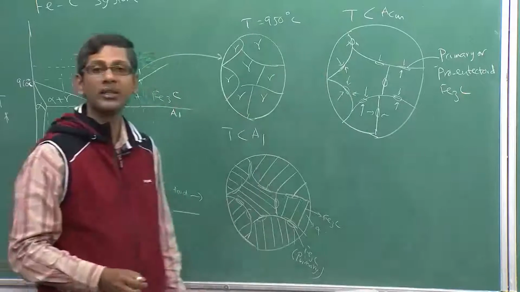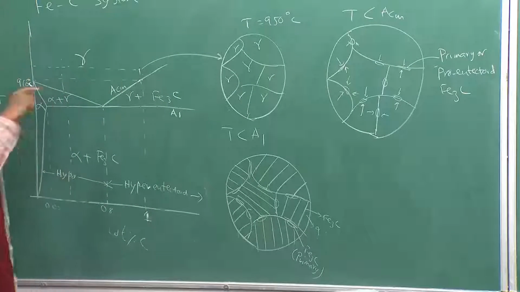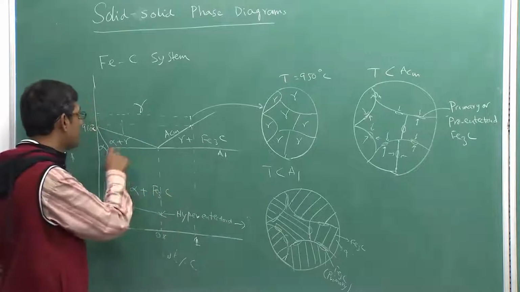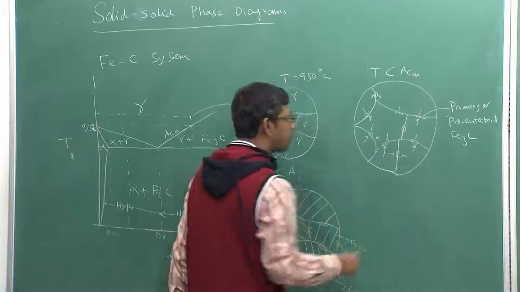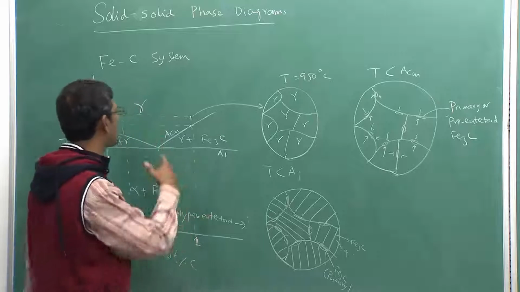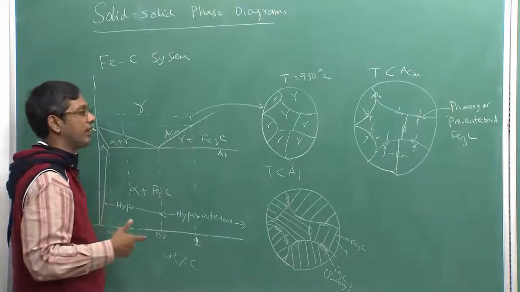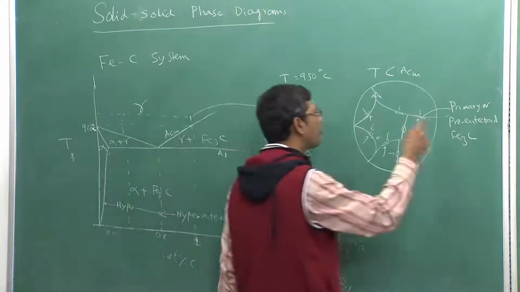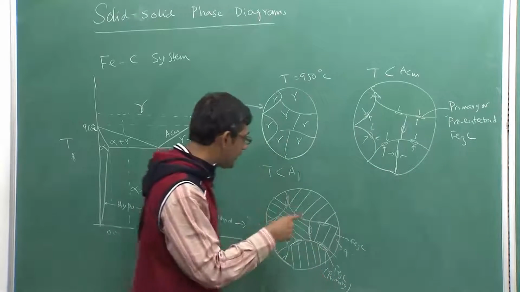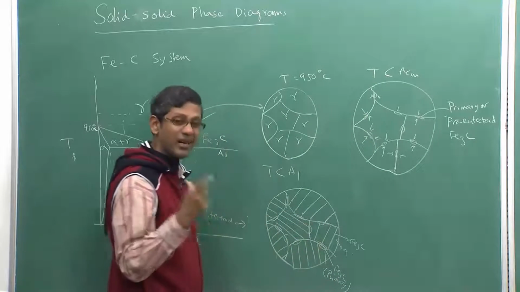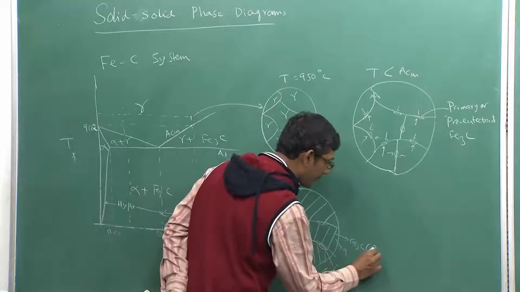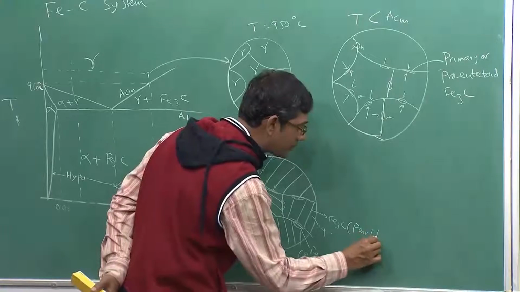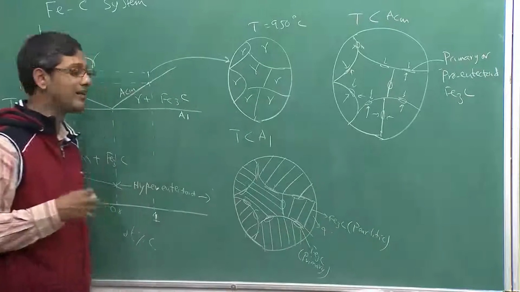Why is it called pro-eutectoid? That is because it is formed before the eutectoid reaction. The eutectoid reaction happens below the A1 temperature, so anything forming above the eutectoid transformation temperature is called pro-eutectoid. That is why it is called pro-eutectoid cementite, and the cementite inside the perlite lamellae is known as pearlitic cementite, because it forms due to the pearlitic transformation.